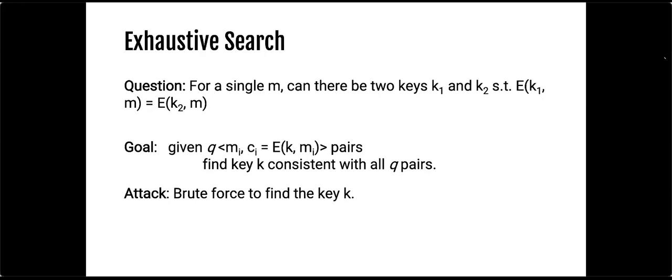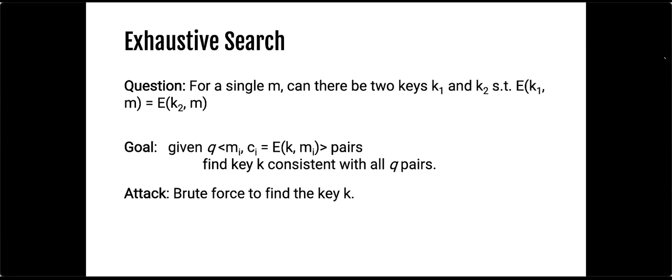So the answer is actually yes, because you can consider E as a mapping function. It is possible. It's like a hash collision. Although it is very unlikely, there is still a possibility that two encryption functions just happen to collide for some of the messages.